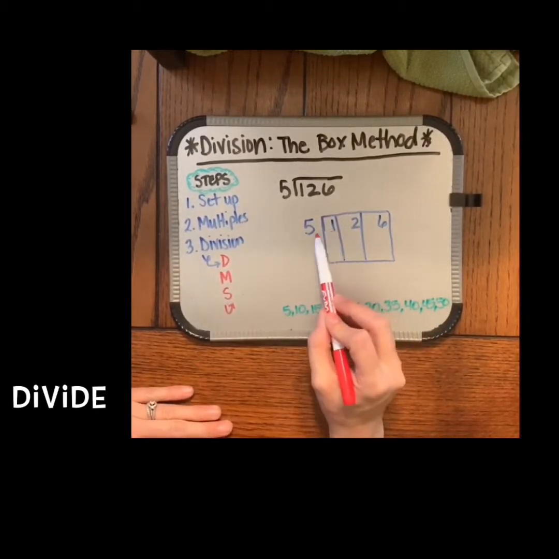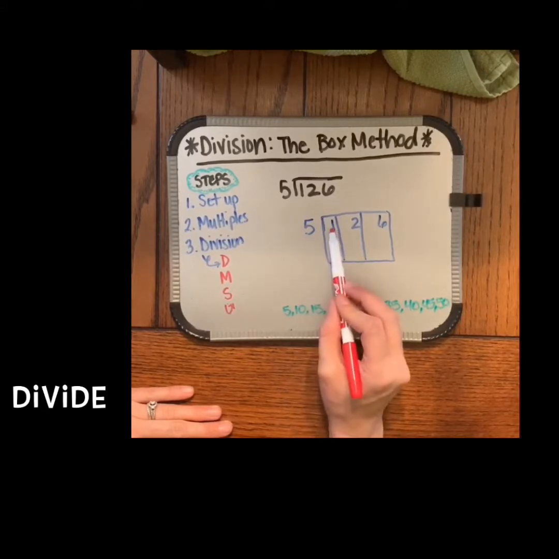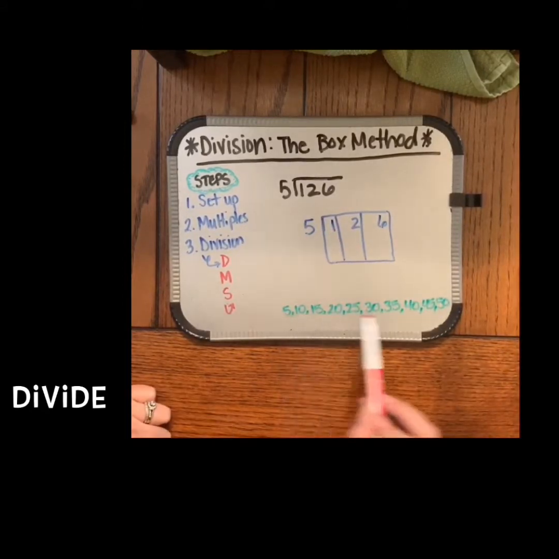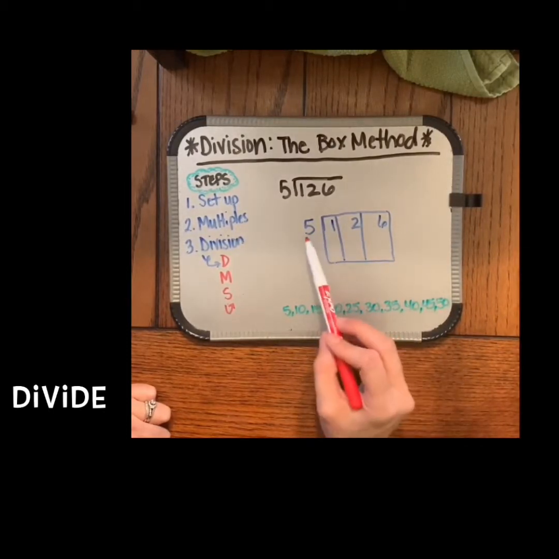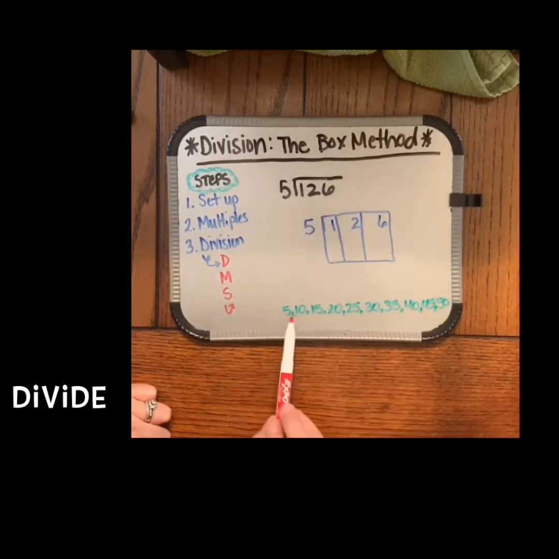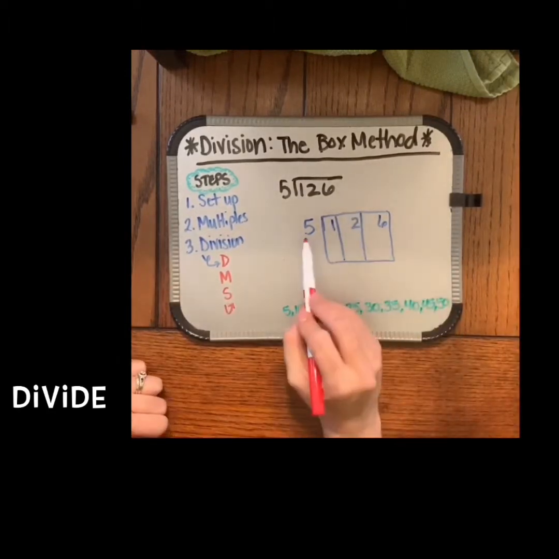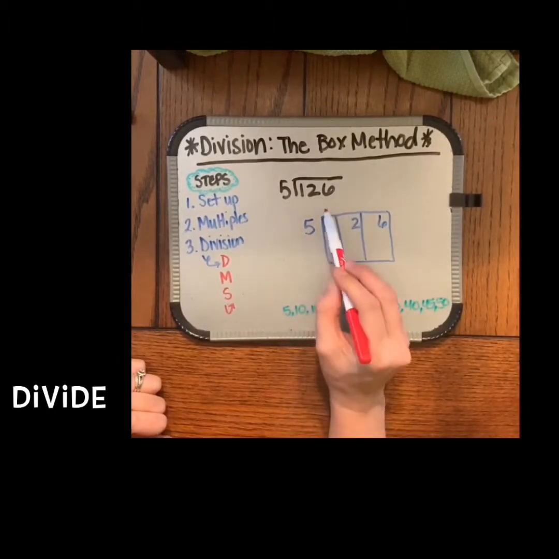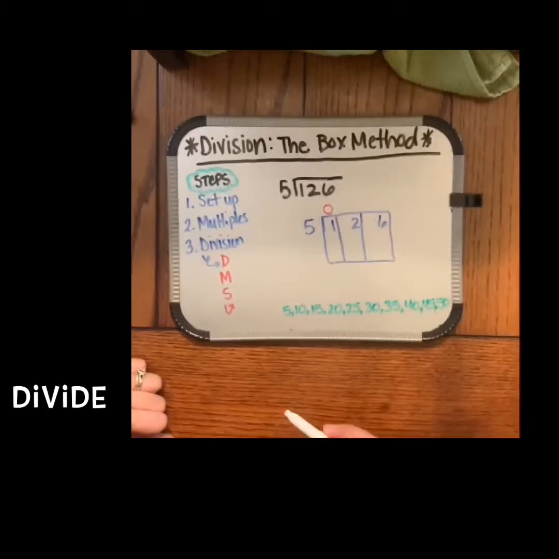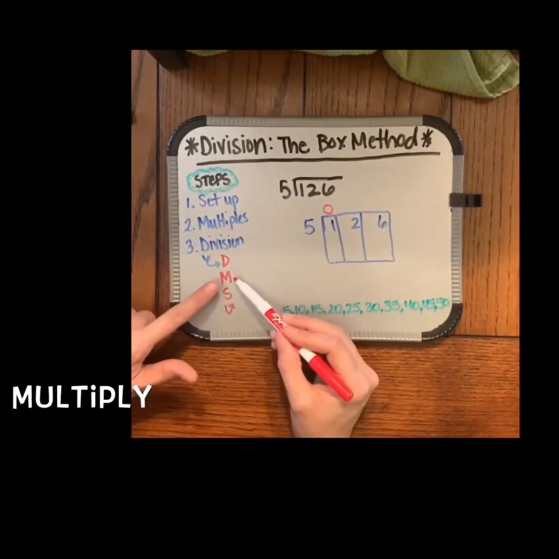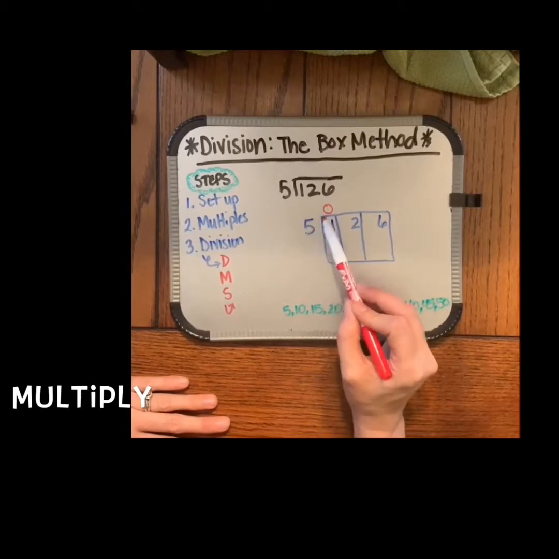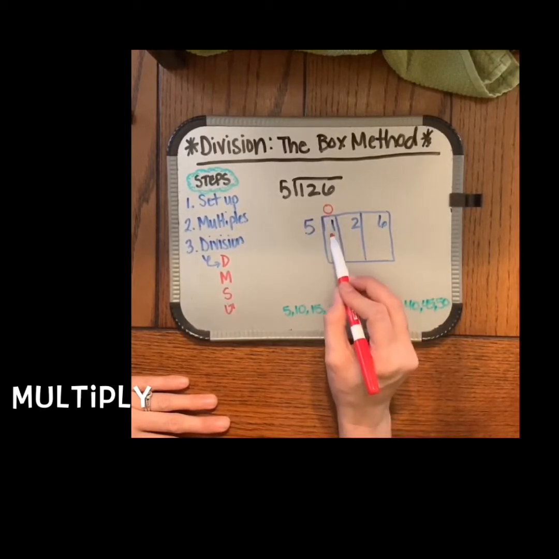If I have 1, how many times does 5 go into 1? Well, I'm going to look at my multiples and I need to find a number that's close to 1 but doesn't go over. Well, my first one is 5, so there's no number. So 5 goes into 1 0 times. My next step is multiply. 5 times 0 is 0.